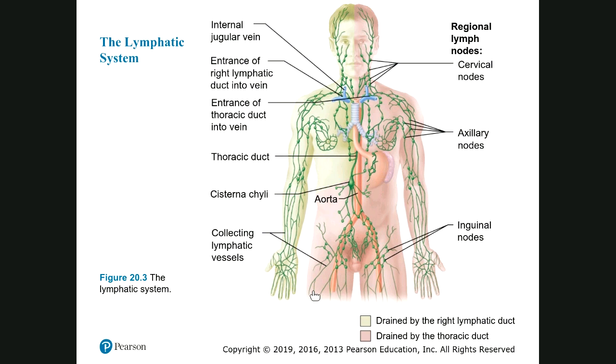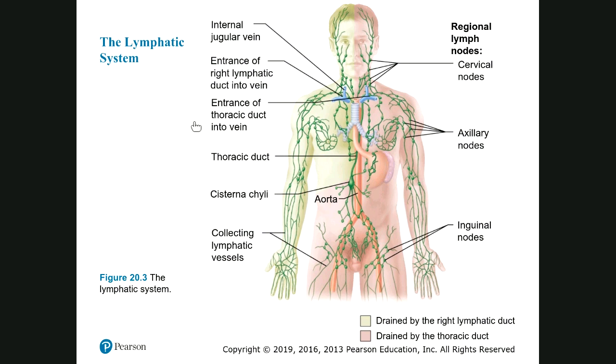We have a single intestinal trunk. Lymph is eventually delivered to one of two large ducts in the thoracic region: the right lymphatic duct and the larger thoracic duct.